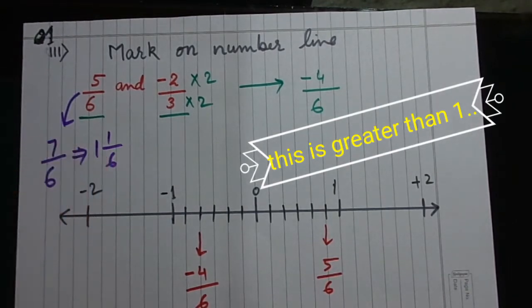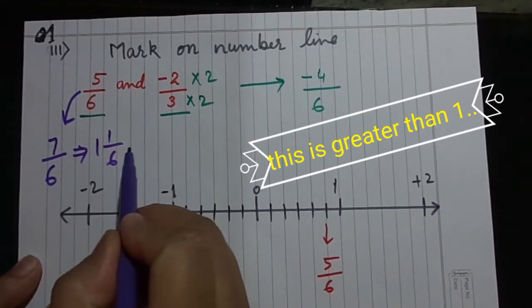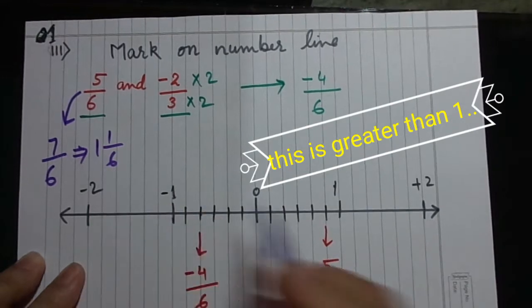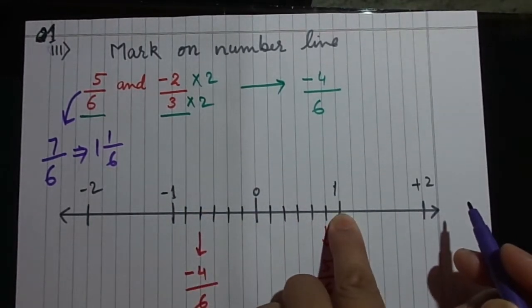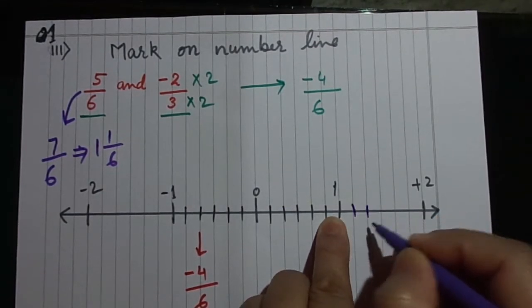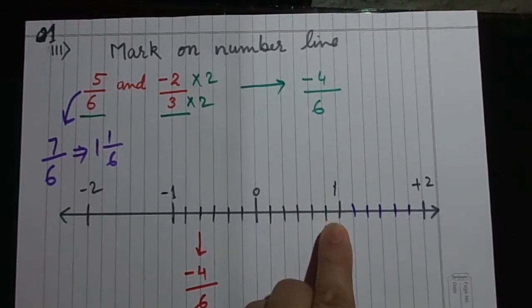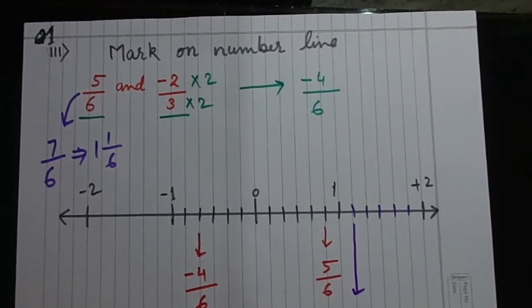This means that now my number will be beyond 1. So 1 and 1 by 6 will be in this region. So let me mark it again. 1, 2, 3, 4, 5, 6. So this portion is my 1 by 6.